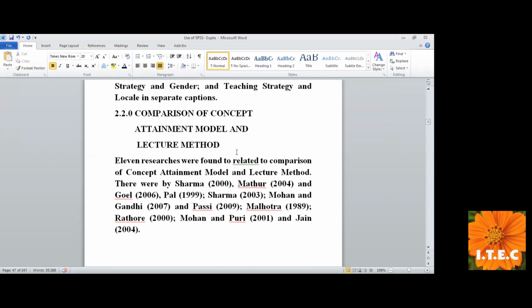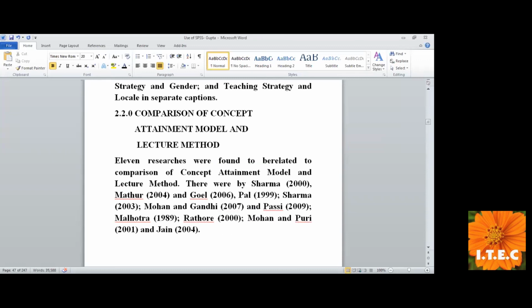There cannot be two objectives related to this by the same researcher. There can be only one objective related to this by one particular researcher. So that's what you have to understand.